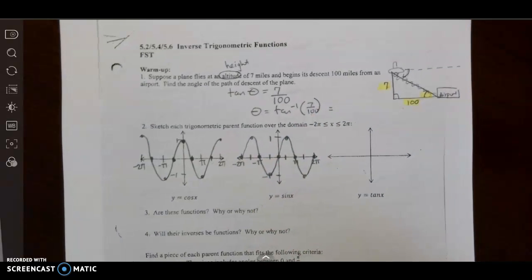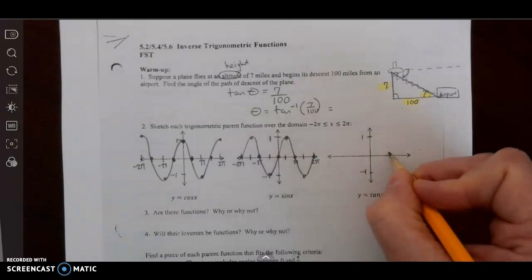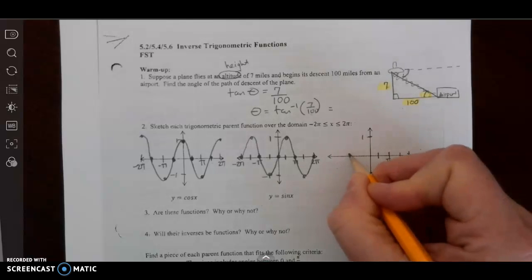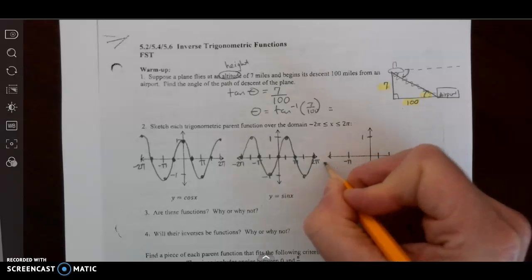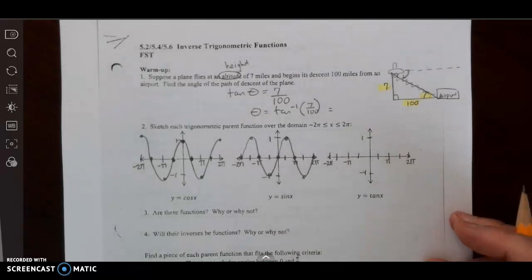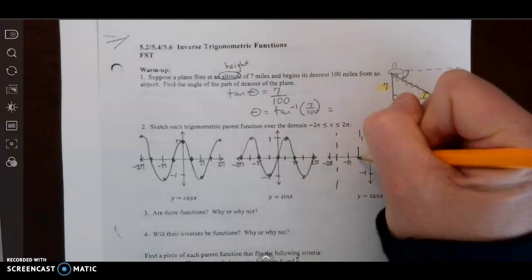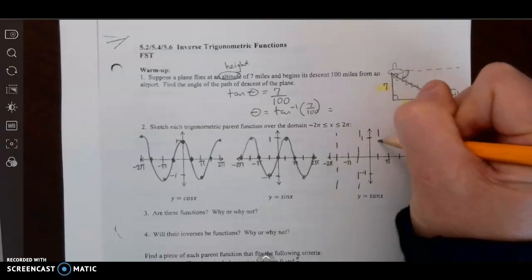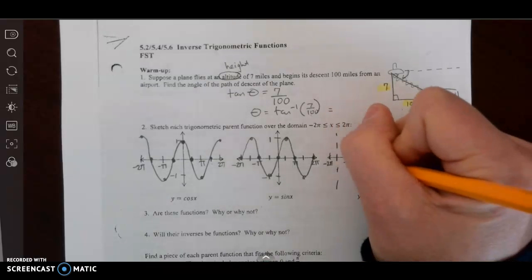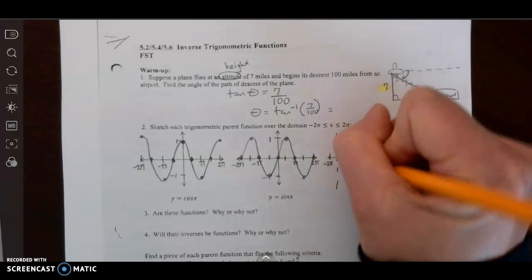So there's sine, and then I've got tangent. Every time I set up my graph the same way. For tangent, I remember that my asymptotes are at my pi over 2's. And I have my curves that cut through on the x-axis right in the middle there.